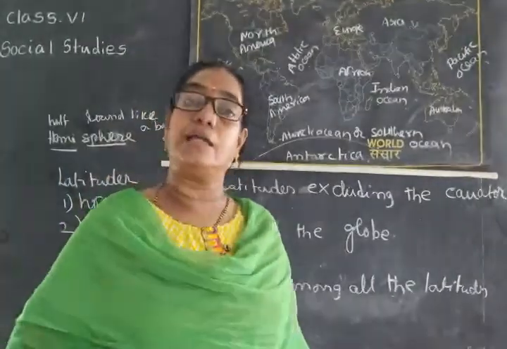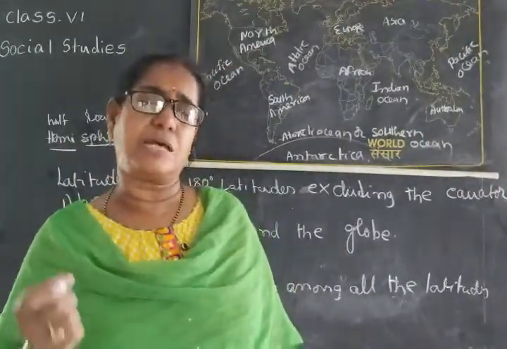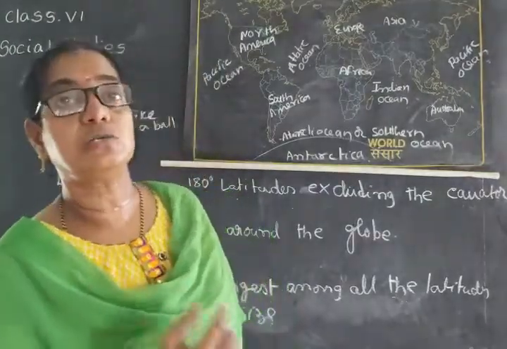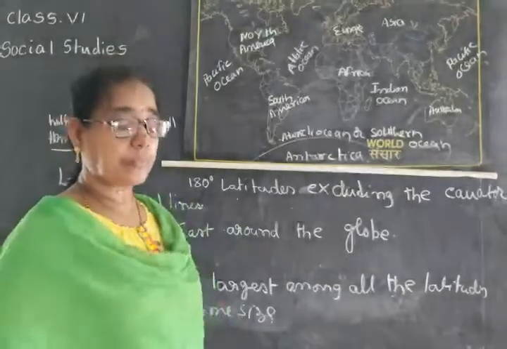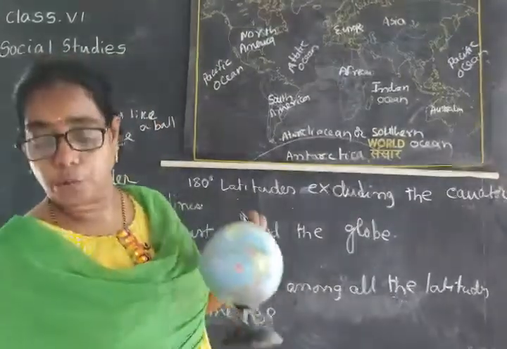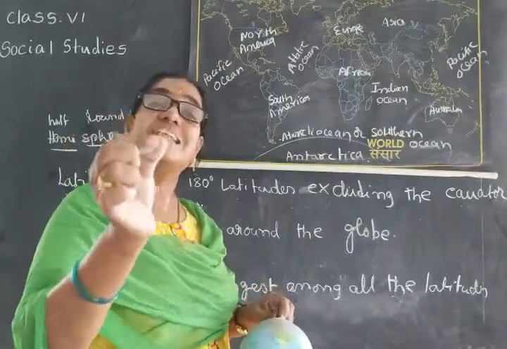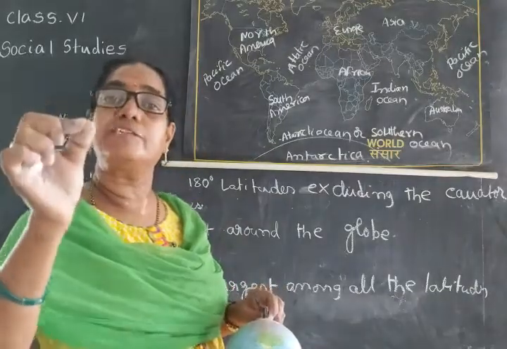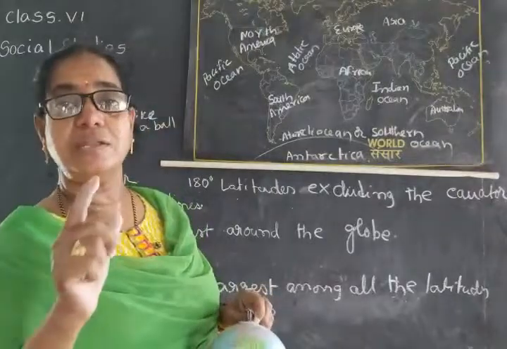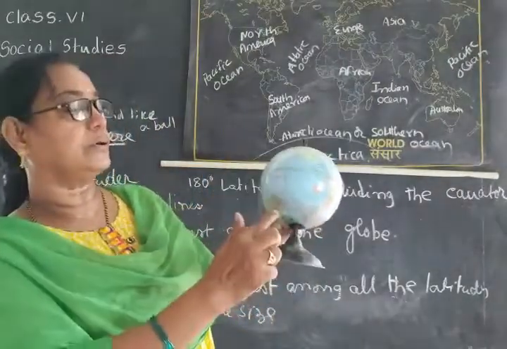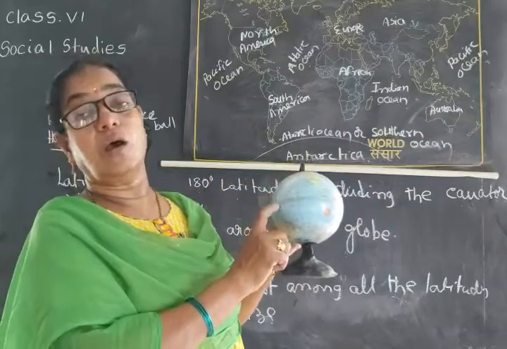So I told you about the latitudes. Latitudes are horizontal lines which are drawn on the globe from west to east, around the globe. That's why the shape of the latitudes are circles. They are drawn at 1 degree interval. Among all the latitudes, the equator is the largest.